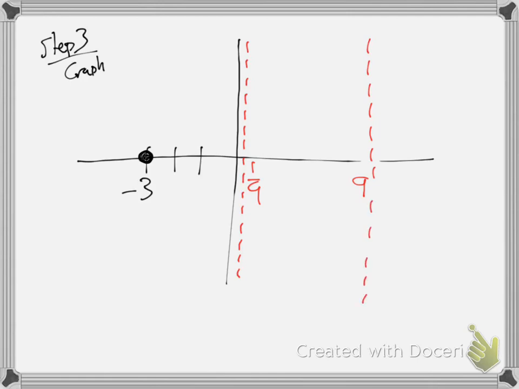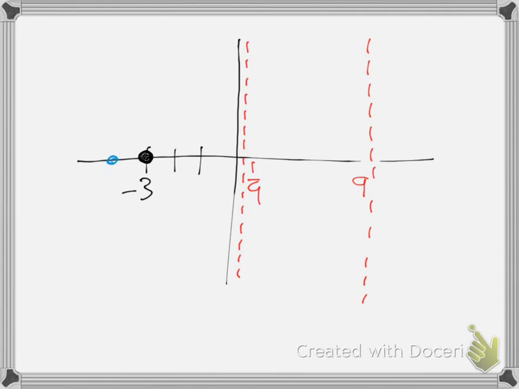There we go. So we have 4 sections. We've got to plug in a point in every section to find out if the graph is positive or negative, above or below. It's a little messy, so be careful, and all you care about is the sign.